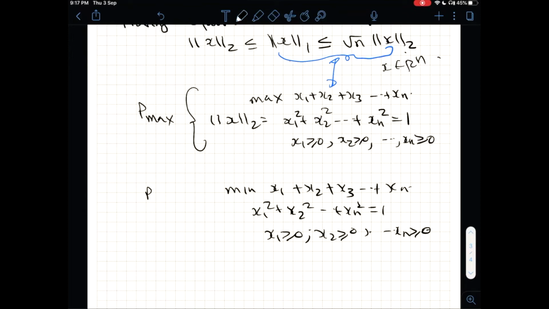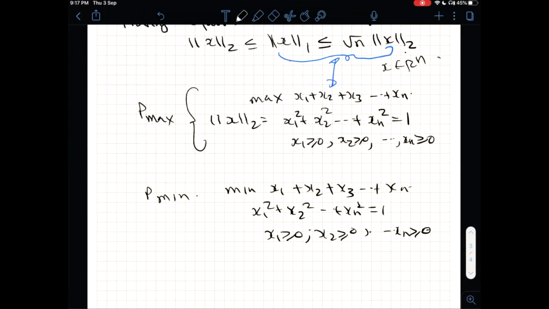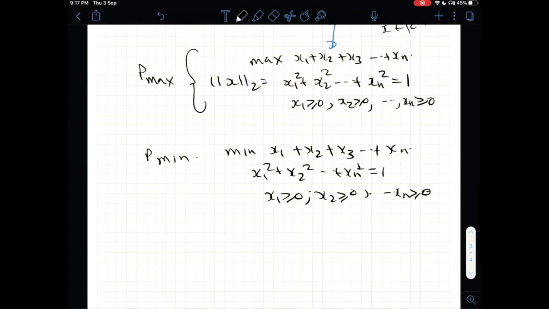Okay, let's start playing with it. Let me start with the first problem now, the Pmax problem. Let me try to solve it. All right. You would say now, and I can see this problem may look daunting to you at first glance.